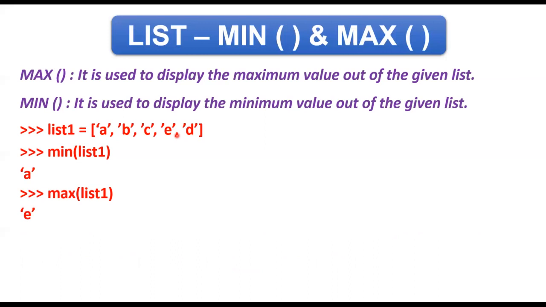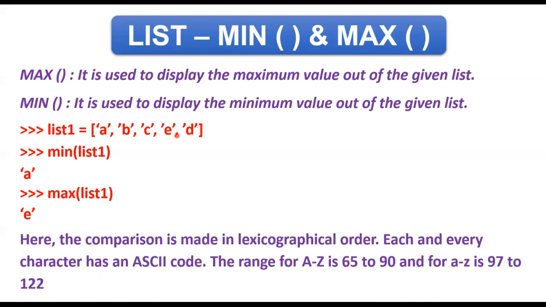This thing we have learned earlier also in the string, also in the list, and in simple functions as well, that once we are going to compare the string values or the character values, then it goes in lexicographical order. Each and every character has an ASCII code internally. And that also we have talked earlier that capital A to Z ranges 65 to 90 and small a to z ranges 97 to 122.